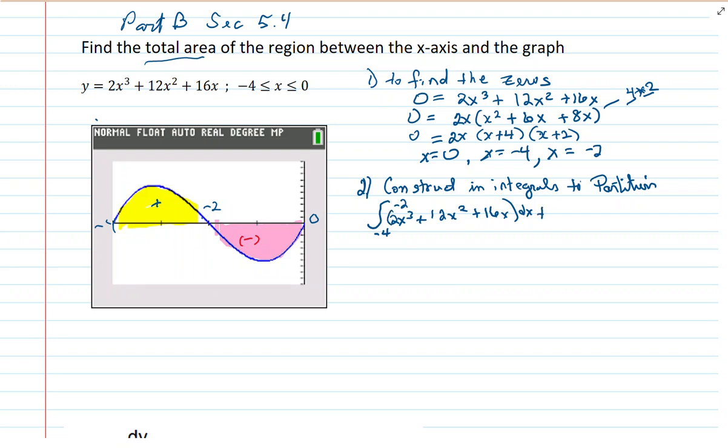We're adding it because it's the addition rule of integrals, -2, because this will be our negative that we're going to convert to positive.